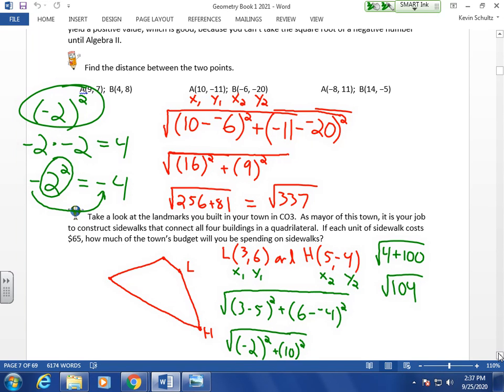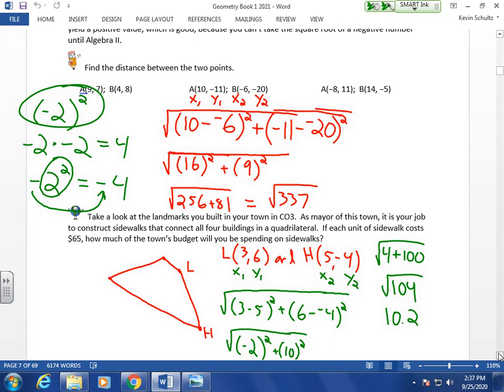root 104 is approximately what? How would you estimate that? What would you say? 10.2. Okay? So we need 10.2 units of sidewalk to get from the library to the city hall. If each unit is $65, how much is it going to cost us for sidewalk for that section?